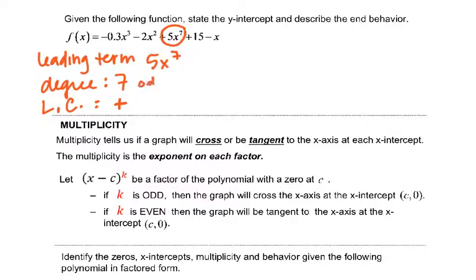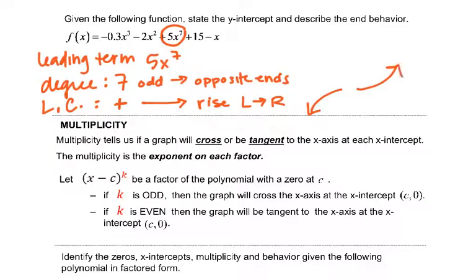So because we have an odd degree, that's going to tell me I have opposite ends. And because we have a positive leading coefficient, that lets me know it's going to rise or go up from left to right. So I know the general shape of my graph does something like this.